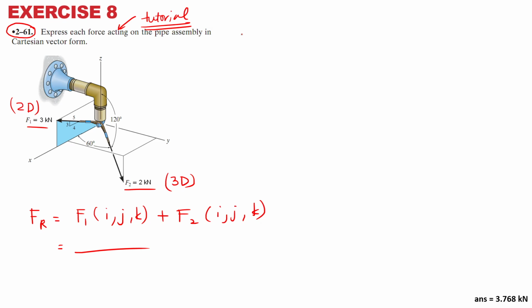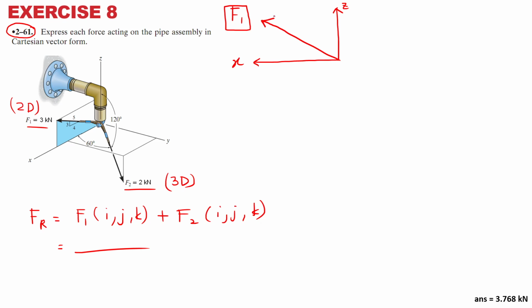Let's do it for F1 first. Seems like F1 is pretty easy. If you look at F1 and convert it into vector, you're going to see something like this. This is your axis X. This is Z. This is your force.